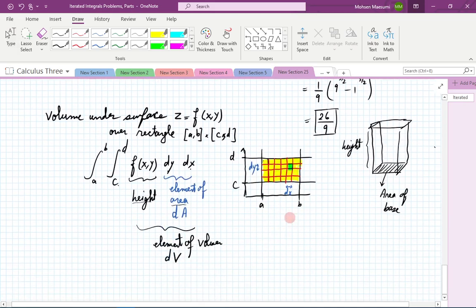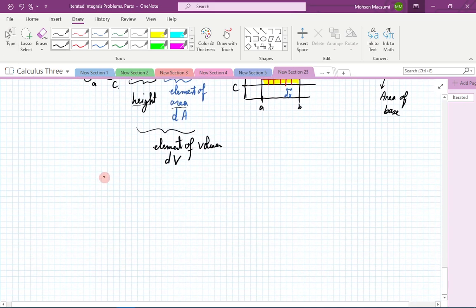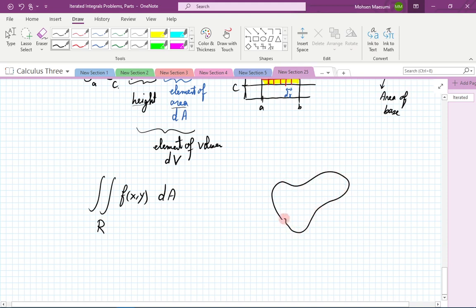So in general, if you have a double integral of some function over some region, I could have a region that does not have to look like a rectangle. It can be any region I wish.